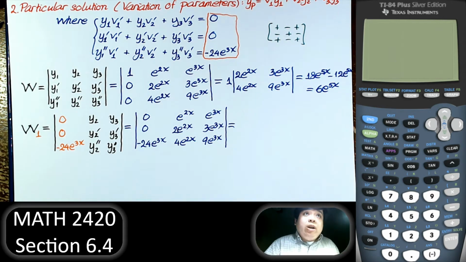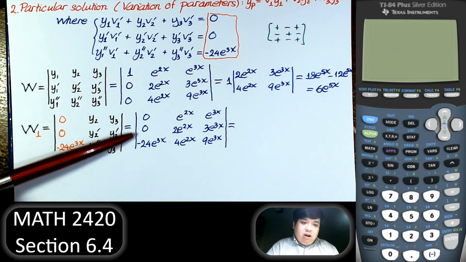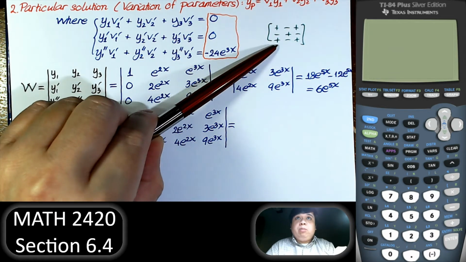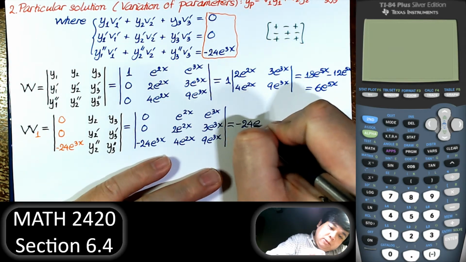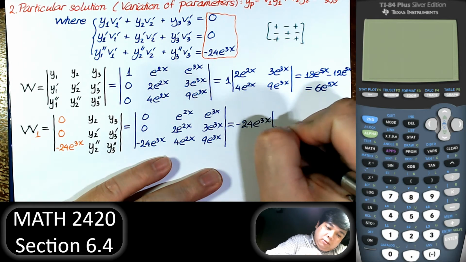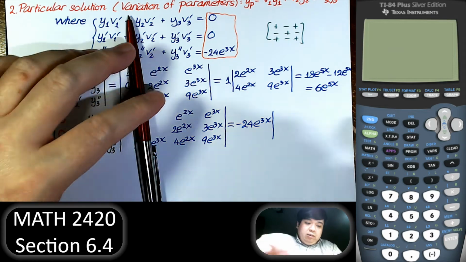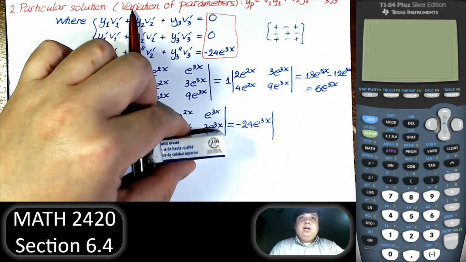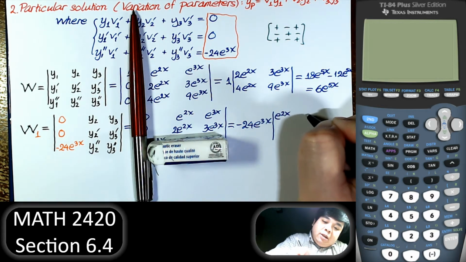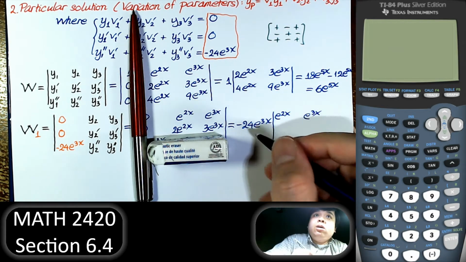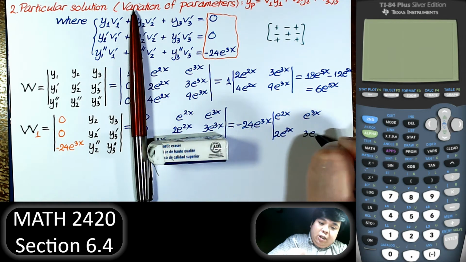Now, in this 3 by 3 determinant, we have a bunch of zeros here, so once again we use the first column. The negative 24 here stands on the plus side, so we don't do anything to it. And we will cover the row and the column containing that element. So we should have e^(2x), e^(3x), 2e^(2x), 3e^(3x).